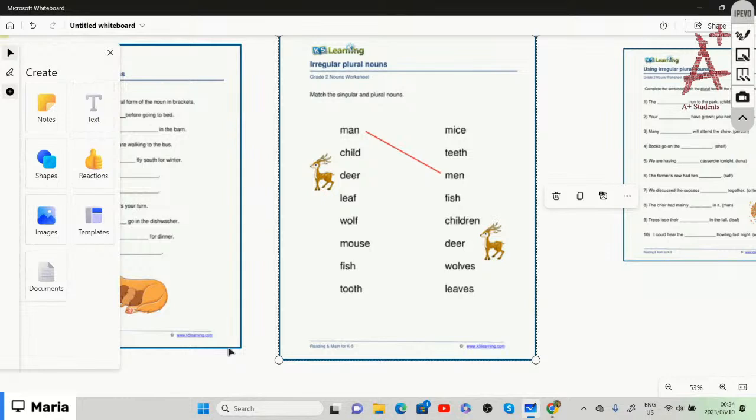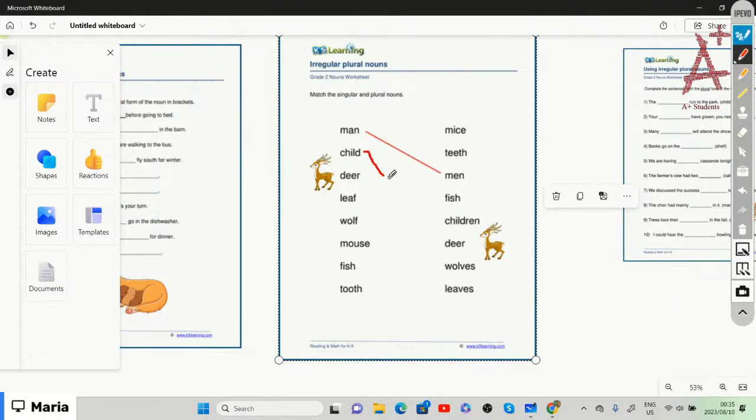All right, now we're going on to the next one. Child. One child, and then we have many children. One deer, and then we have many deer.